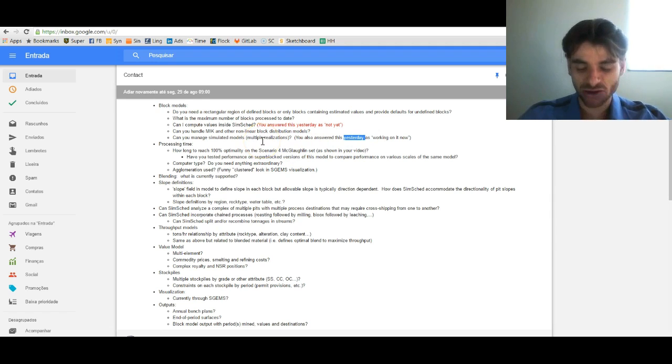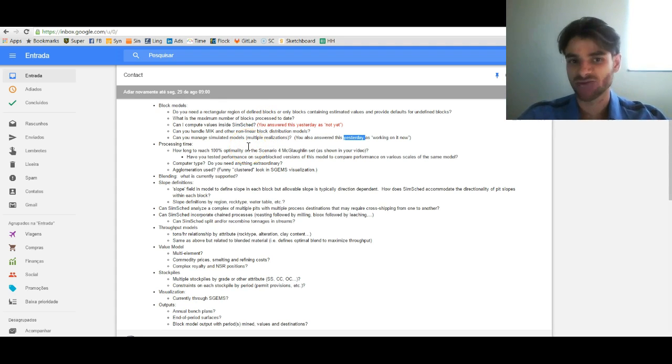But we also deal with multiple scenarios. Those could be simulations of grades, simulations of rock types, or economics. For example, you can apply different revenue factors and have multiple columns of economic values in the input block model.